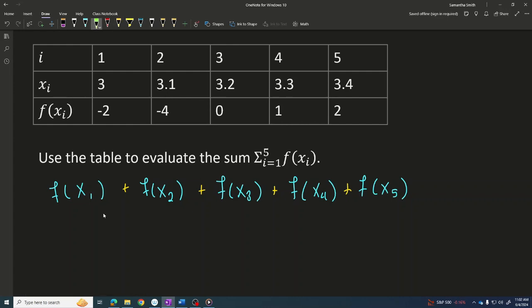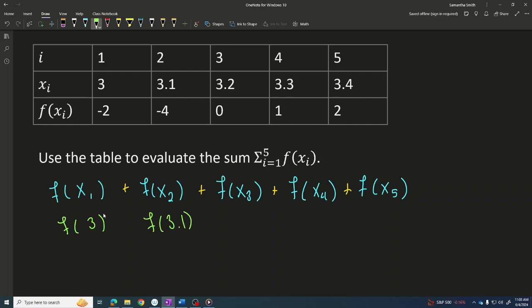Now, f of x sub 1, according to my table, the first x value is given to me as 3. f of x sub 2, if I plug in the second x in the table, the second x in the table is given to me as 3.1. So let me use that information here.